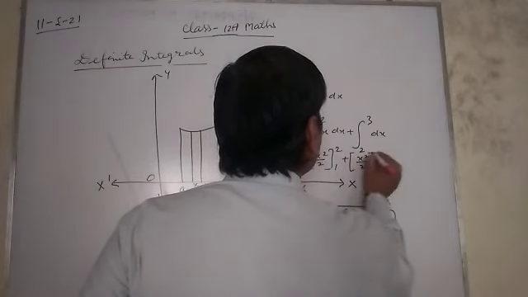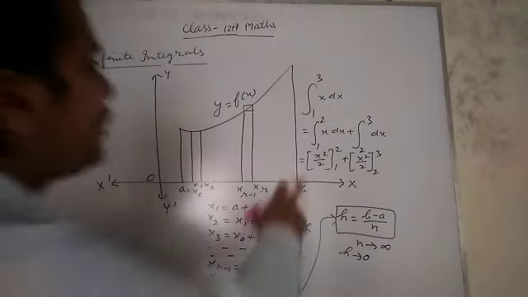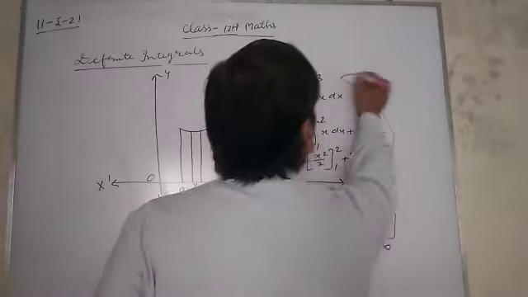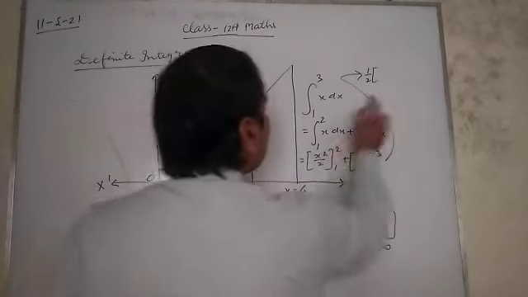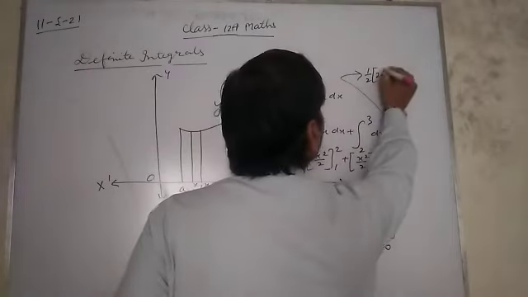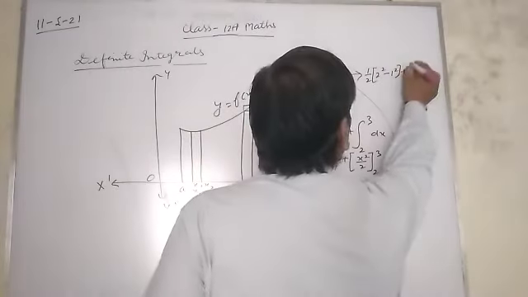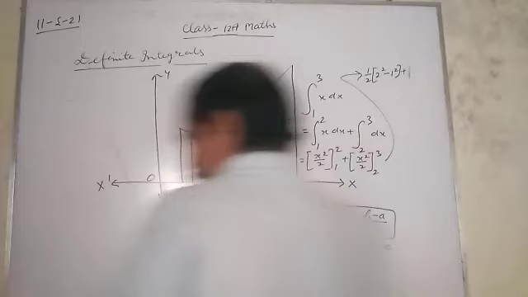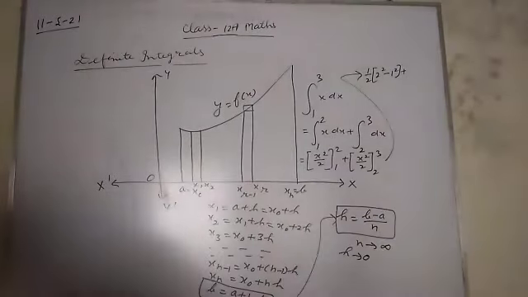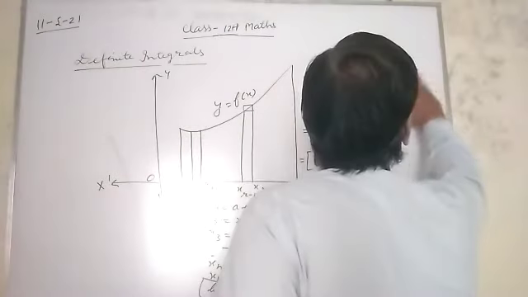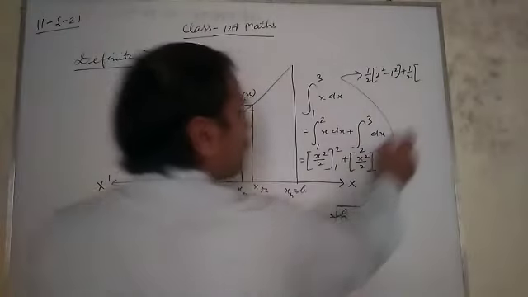And here also, x square by 2 from 2 to 3. So 1 by 2 constant, then in place of x you put 2, so 2 square minus, in place of x, 1 square, plus here also 1 by 2, 3 square minus 2 square.